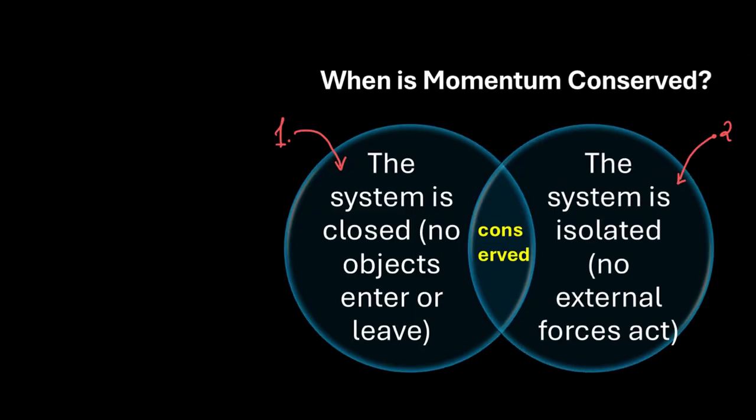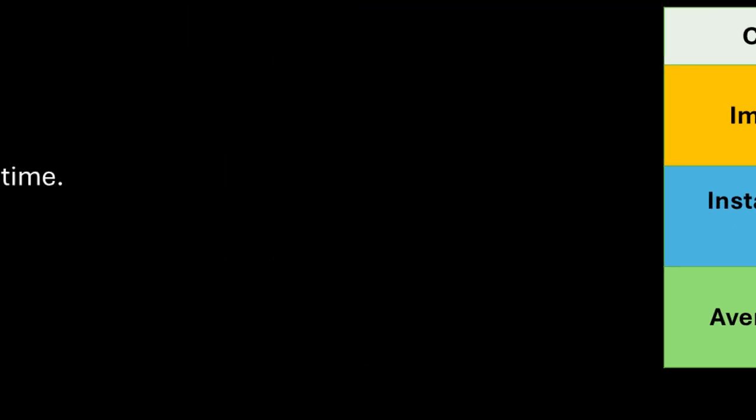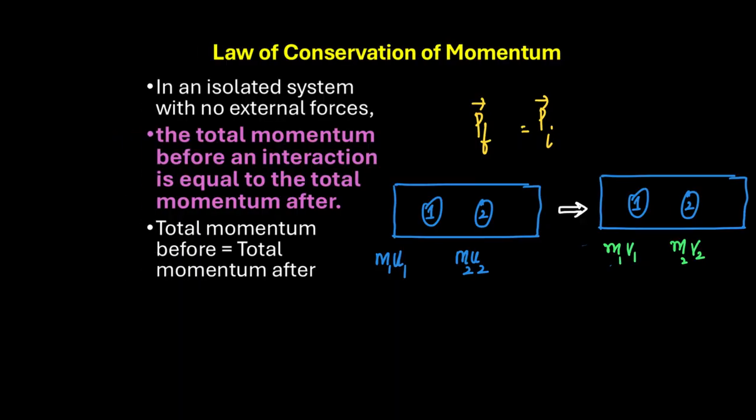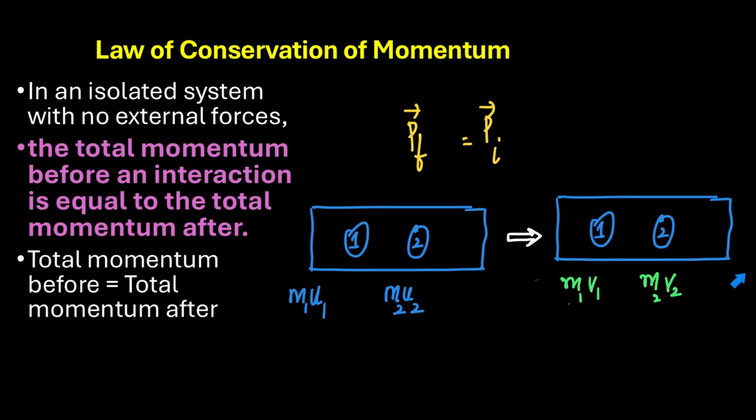Okay. Now let's try to understand when momentum is conserved and the conditions for it. The system is isolated or the system is closed, which means no objects enter or leave the system. Yes, I want you to make a note of this because we're going to make sense of this diagram here.